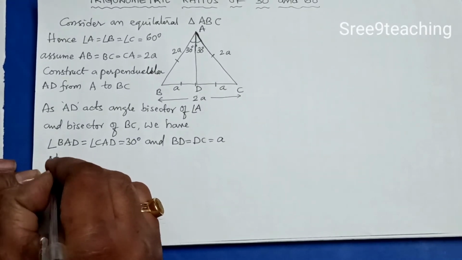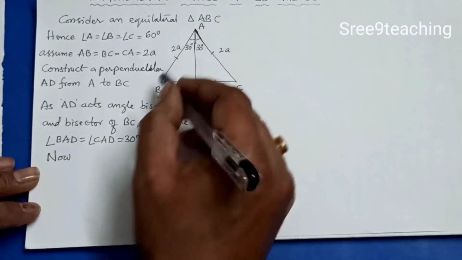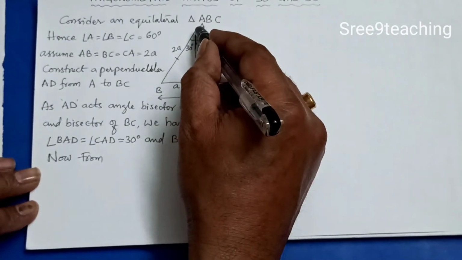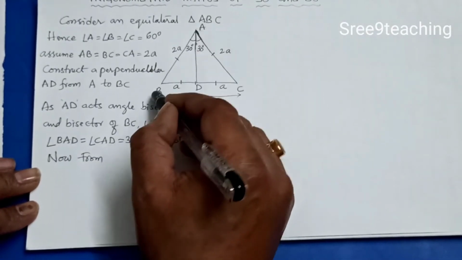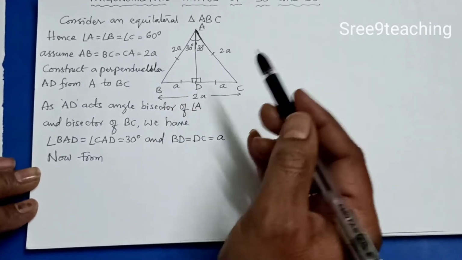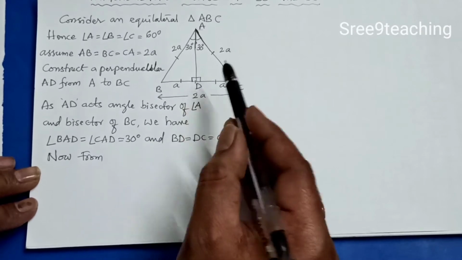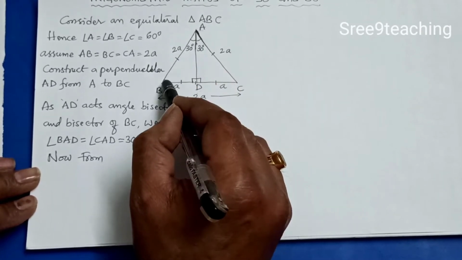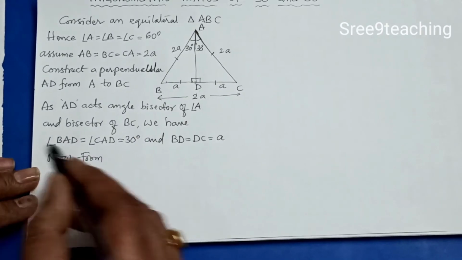Now from the triangle ABD, here this will be a right angle. As this is 90 degrees and this is 30 degrees, how much will the angle be? Let us do that.